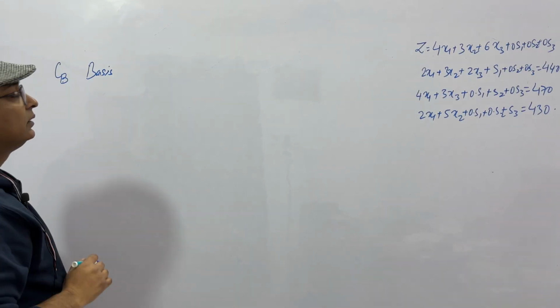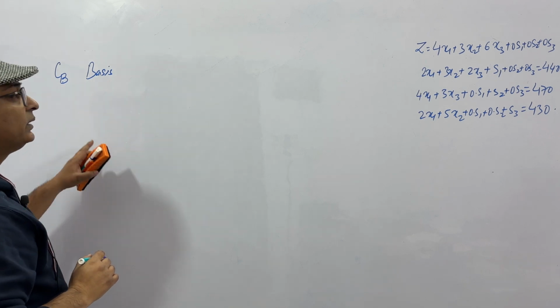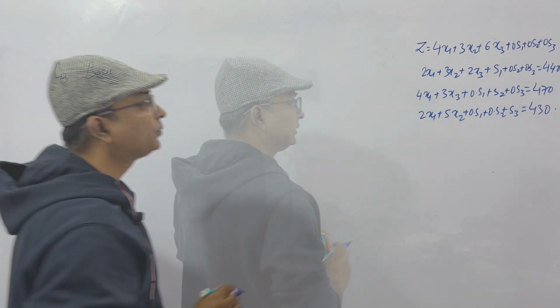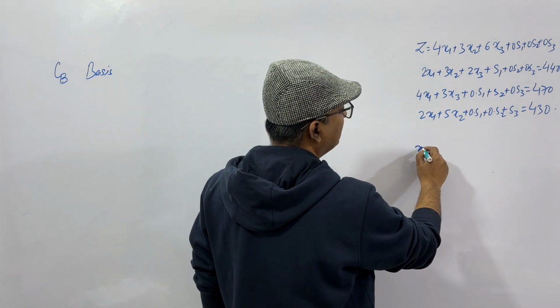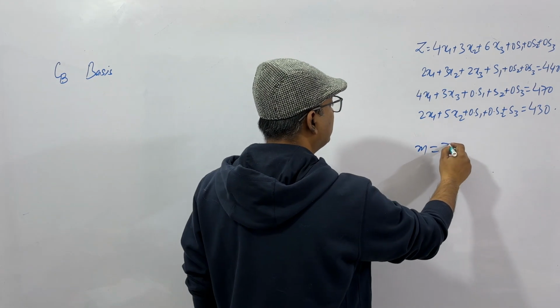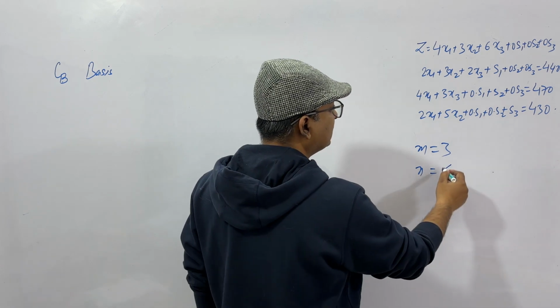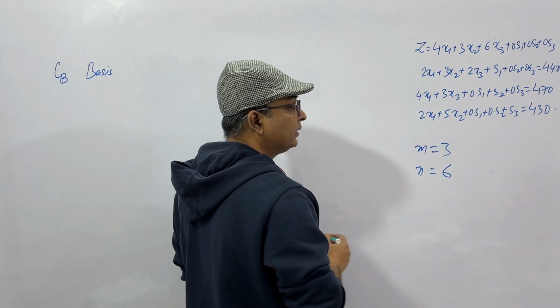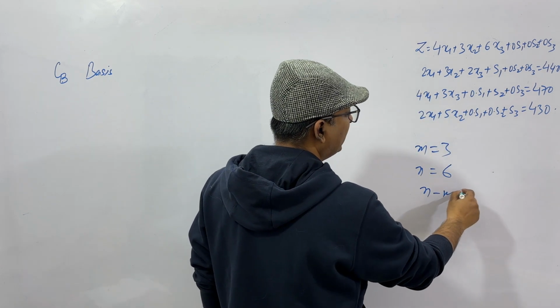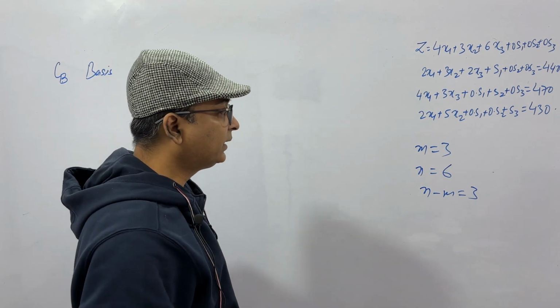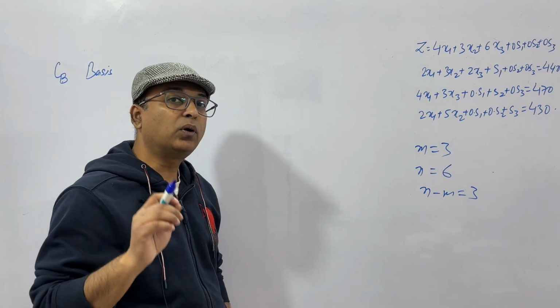It is the column which actually has the basic variables. I told you we have 3 constraints, that is m equal to 3, and number of unknown variables is 6, x1, x2, x3, s1, s2, s3. So we need to put n minus m, that is 3 variables, equal to 0 at a time, so that we make them non-basic variables.